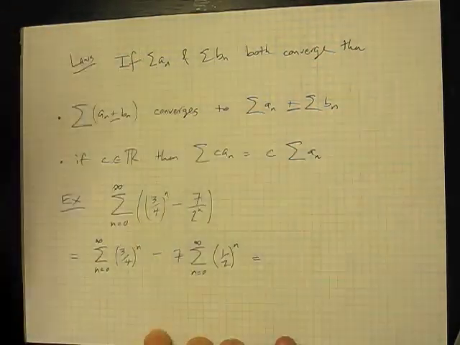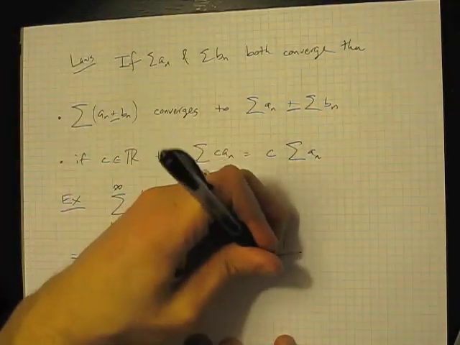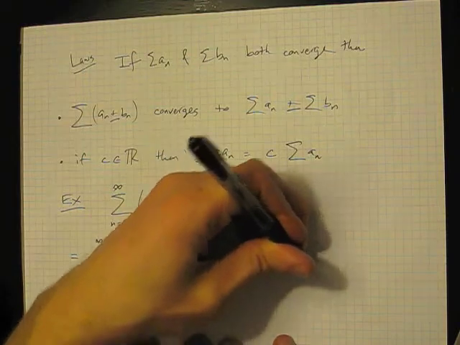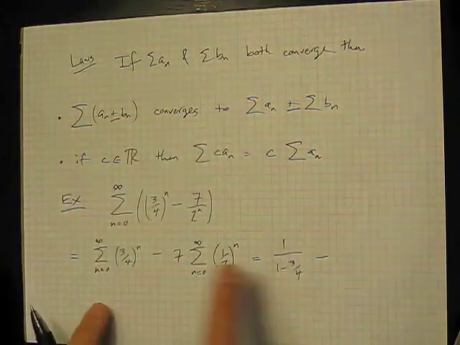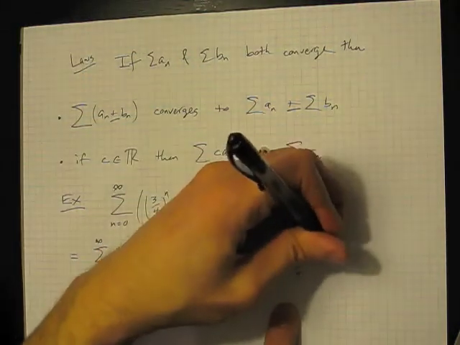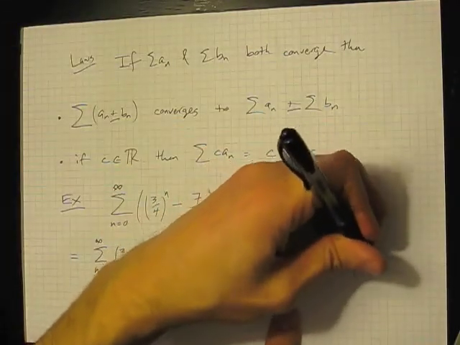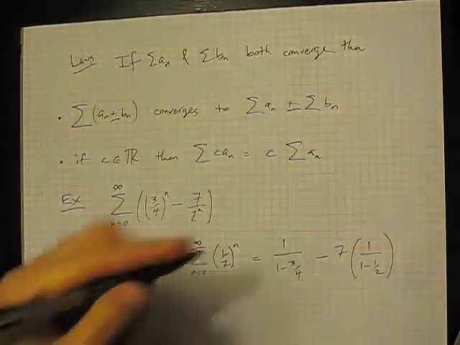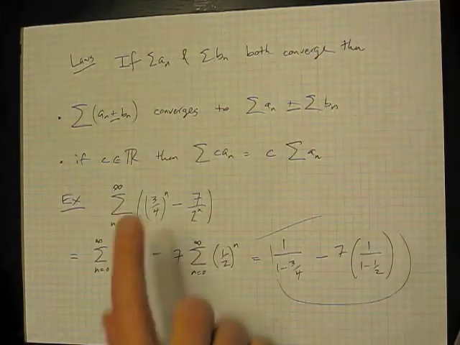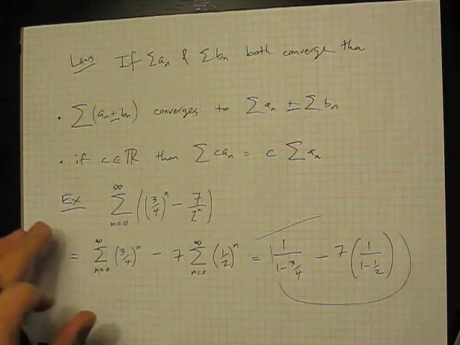So if you recall what the formula was for these, then it looks like 1 over 1 minus 3/4, and then this is 1 over 1 minus a half. So whatever that works out to be, this will be the sum of this series right here.